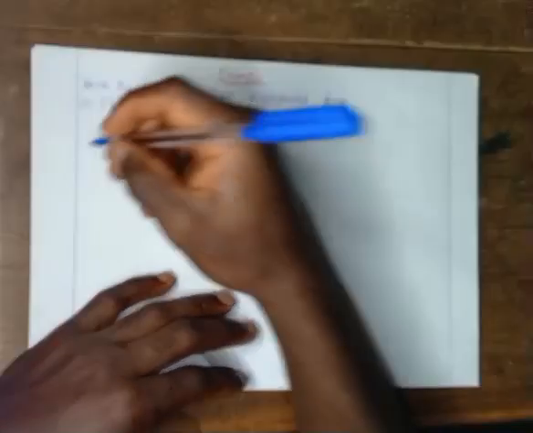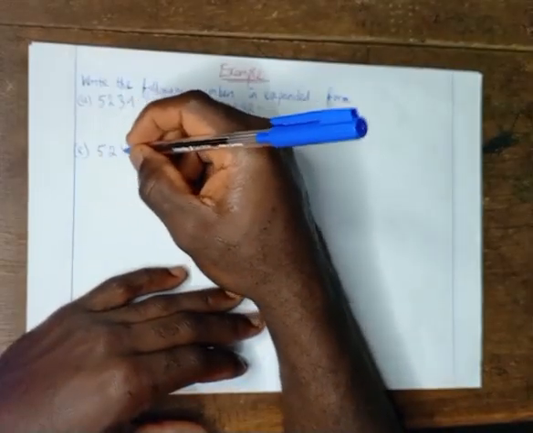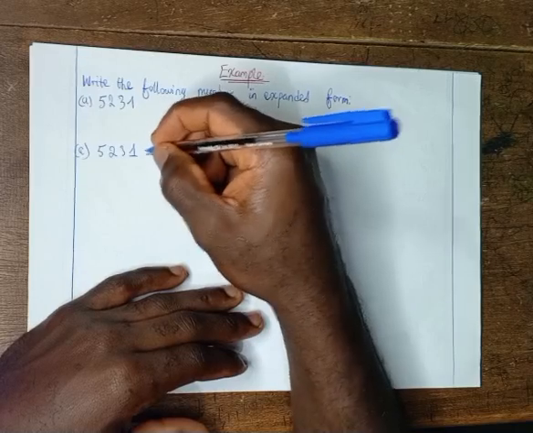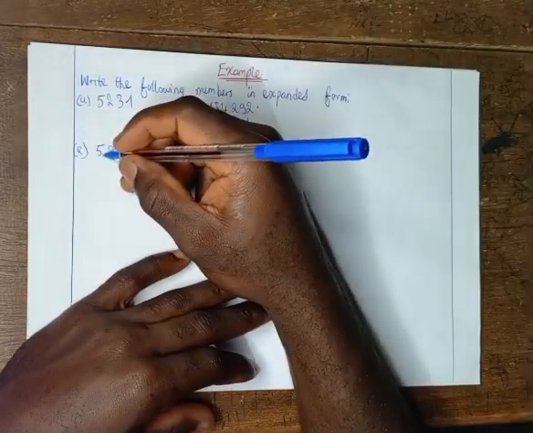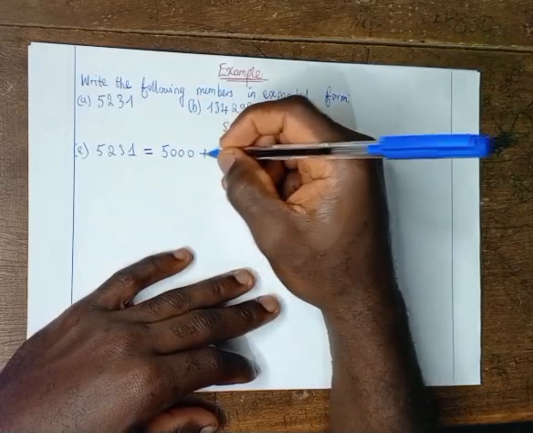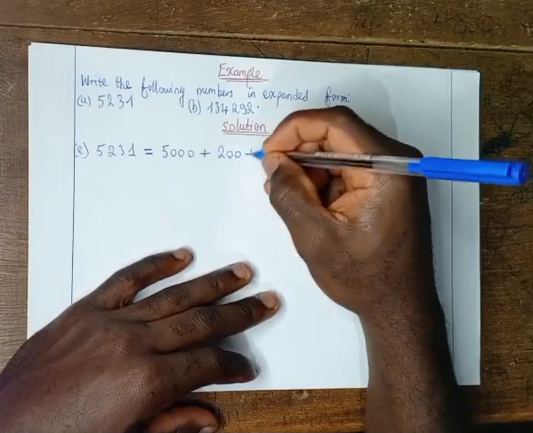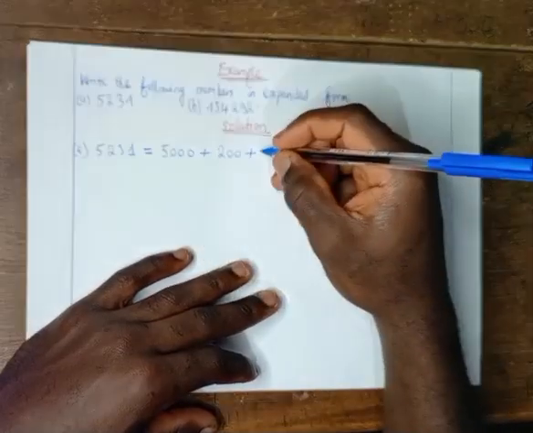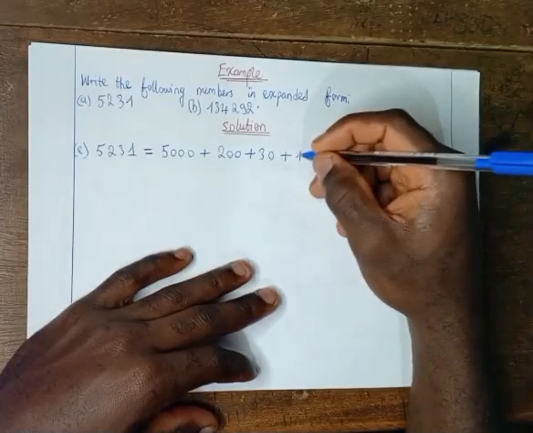We take the first number, 5,231. We have to write this number in expanded form. We know the digit 5 has a value of 5,000, plus the digit 2 has a value of 200, plus the digit 3 has a value of 30, plus the digit 1 has a value of 1 unit.